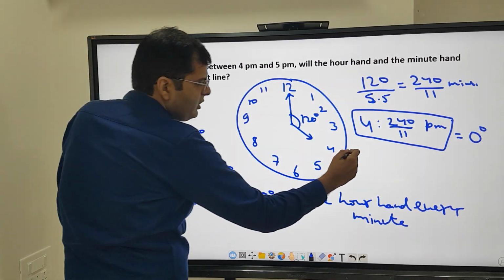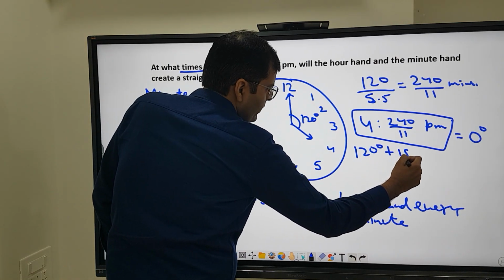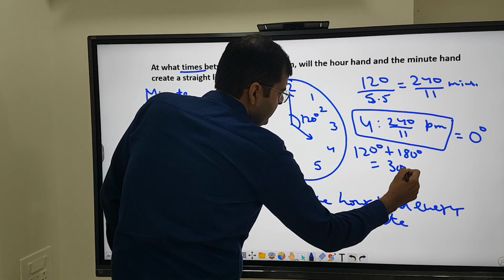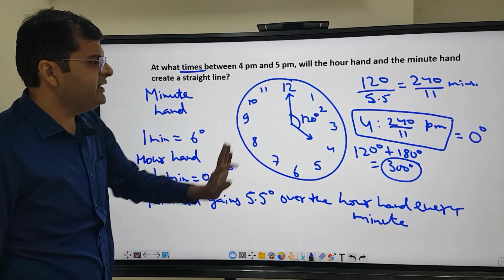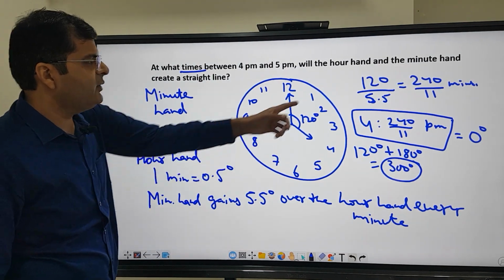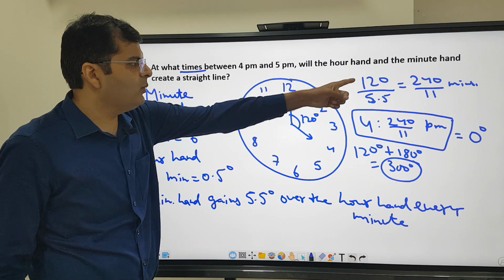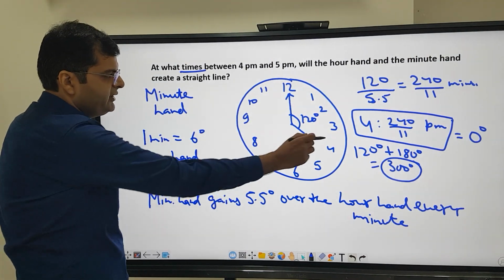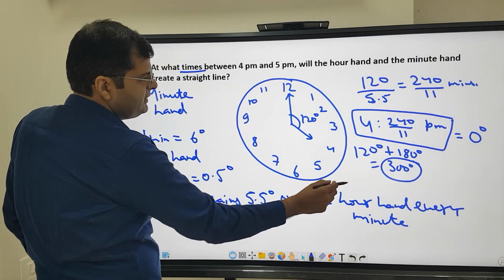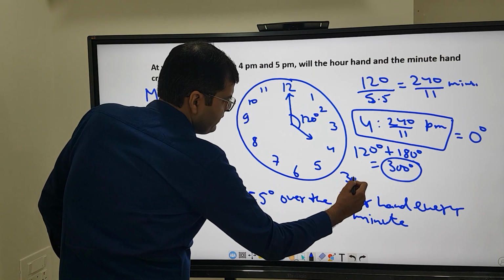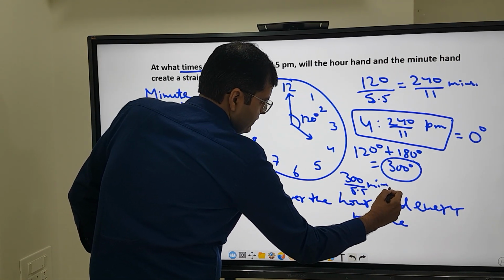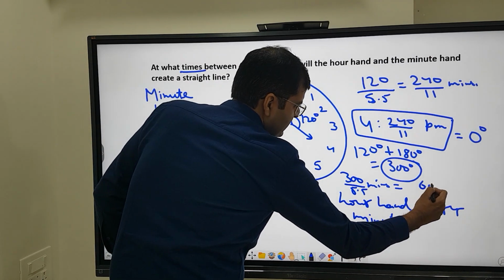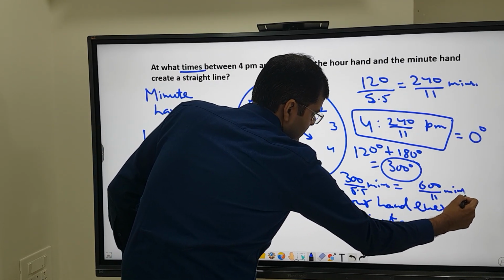That means the gain is of how much? 120 degree plus 180 degree, which is a 300 degree gain. Okay. So if 120 degree gain took 120 upon 5.5 minutes, then a 300 degree gain will take 300 divided by 5.5 minutes. 300 upon 5.5 is 600 upon 11 minutes.